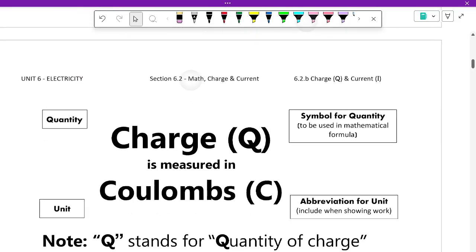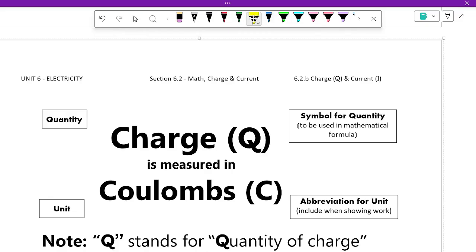Just like last day when we had distance and time, today we have charge and we have coulombs. So the quantity that we are measuring is charge.